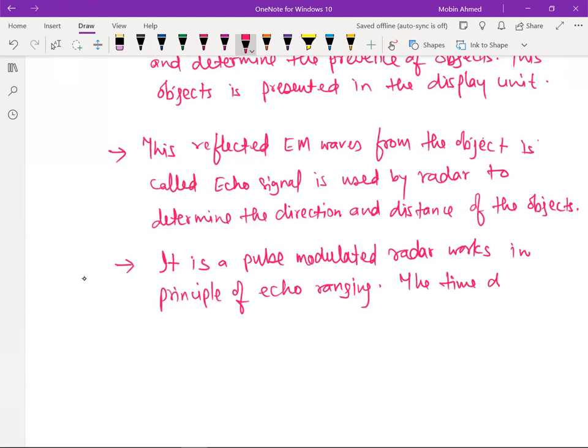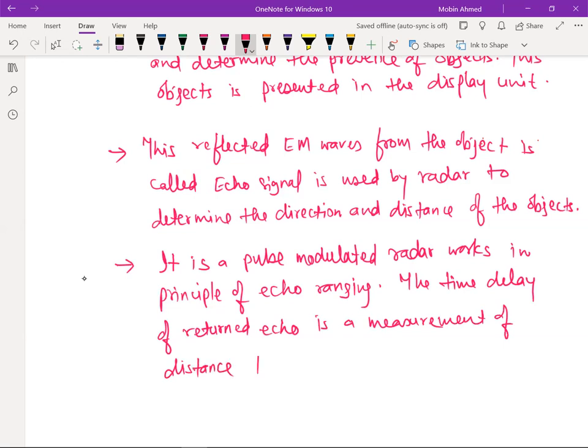The time delay of return echo, the returned wave or echo, is a measurement of distance to the reflecting objects to determine the distance.